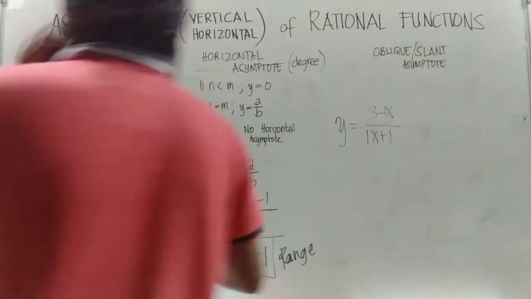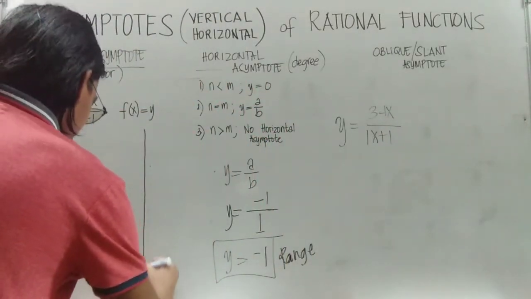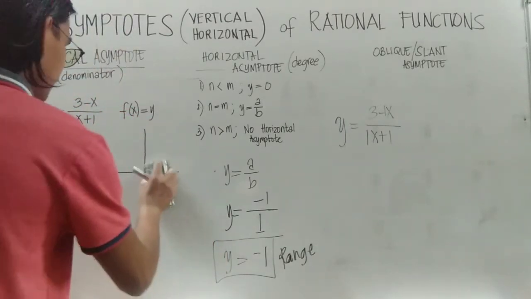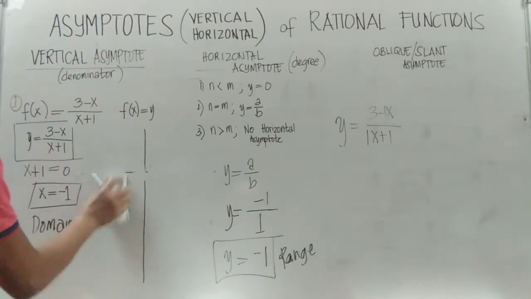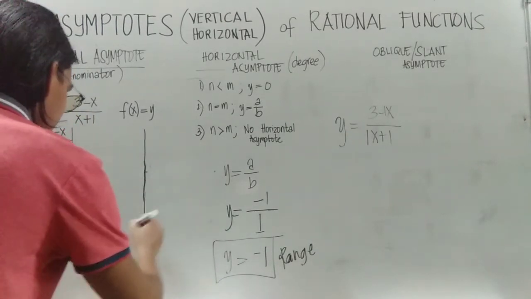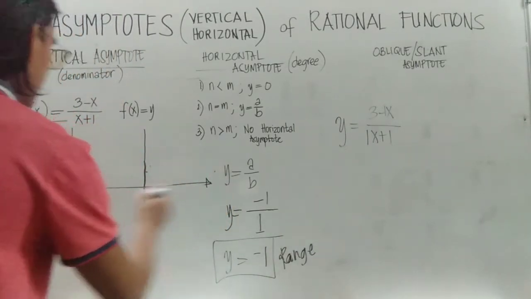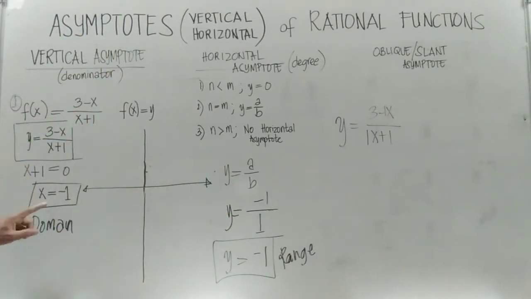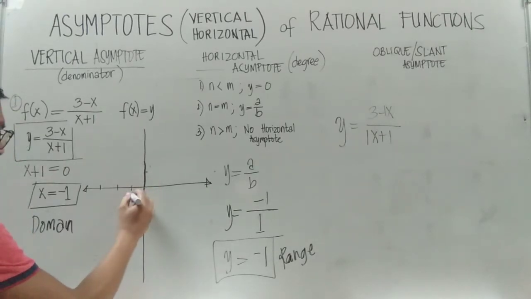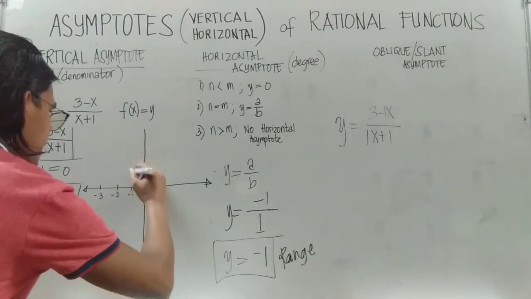So, assuming we put a sample of your graph, just a sample, you can open your graphing calculator and check the graph of this rational function. Assuming we have x equal to -1, -2, -3, -1 is here.